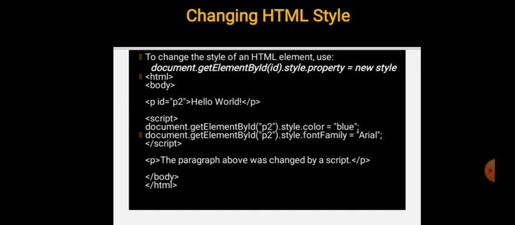So first we need to find the element, then you put dot, then style dot, then the style that we need to change equal to its new value. In this way you can change the style. The syntax is document.getElementById of id dot style dot property, the style property that we need to change, equal to the new value. Okay.